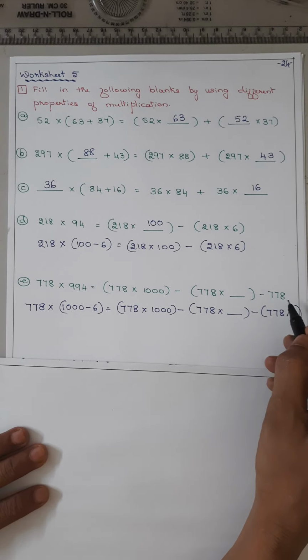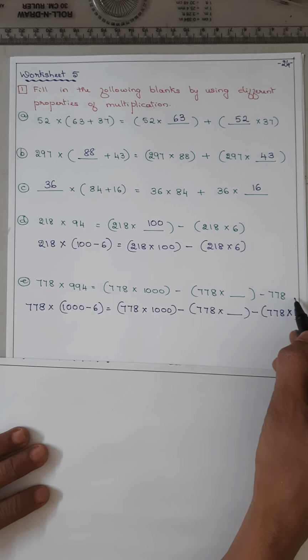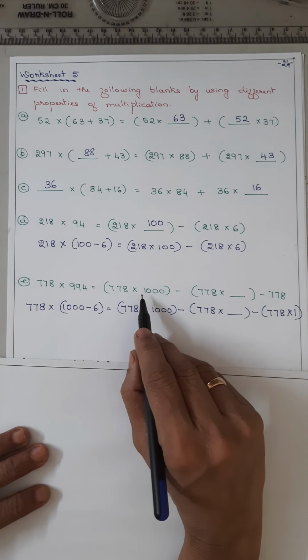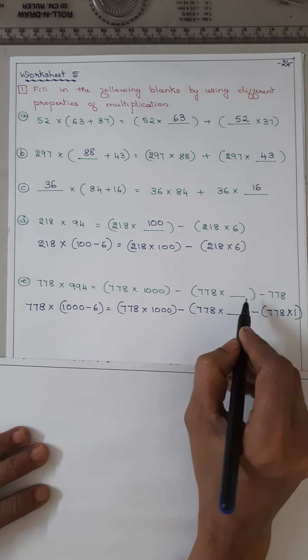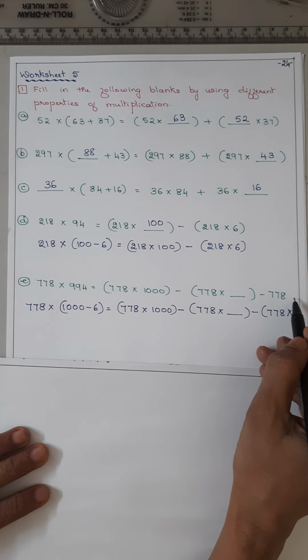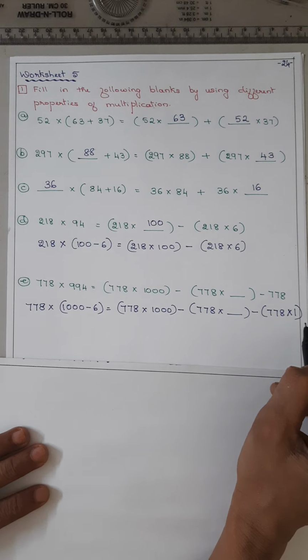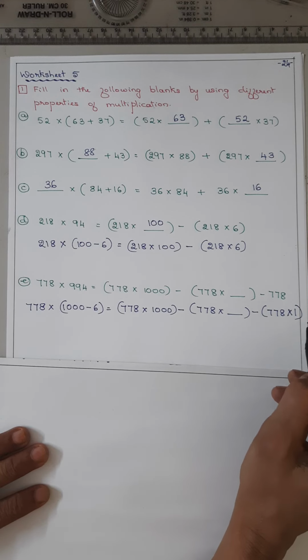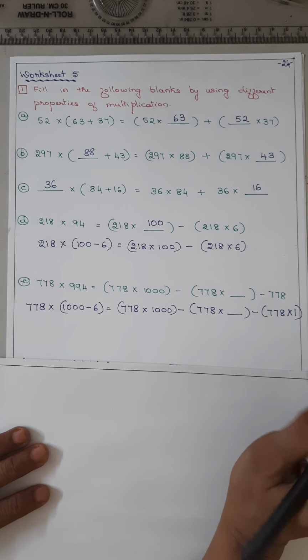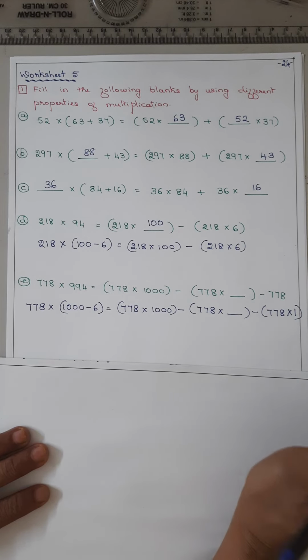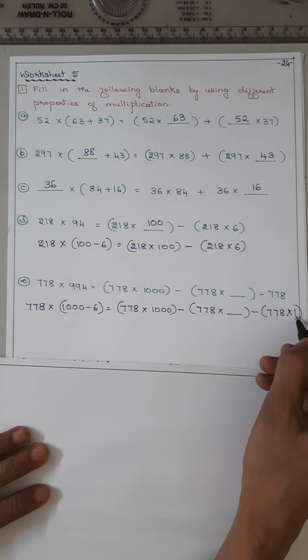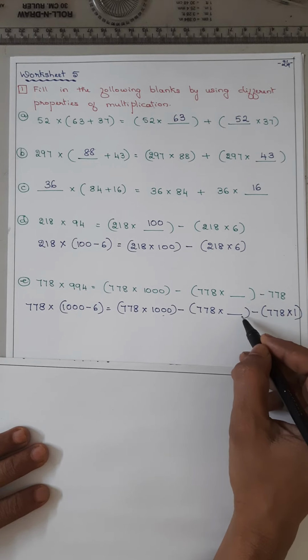See, remember, whenever into 1000 is given, into something is given, but here into nothing is given. That means into 1. Because when you multiply the number by 1, the answer remains the same. So this you have to understand. Now, here it is 1, here it is 1000, but here it is nothing.